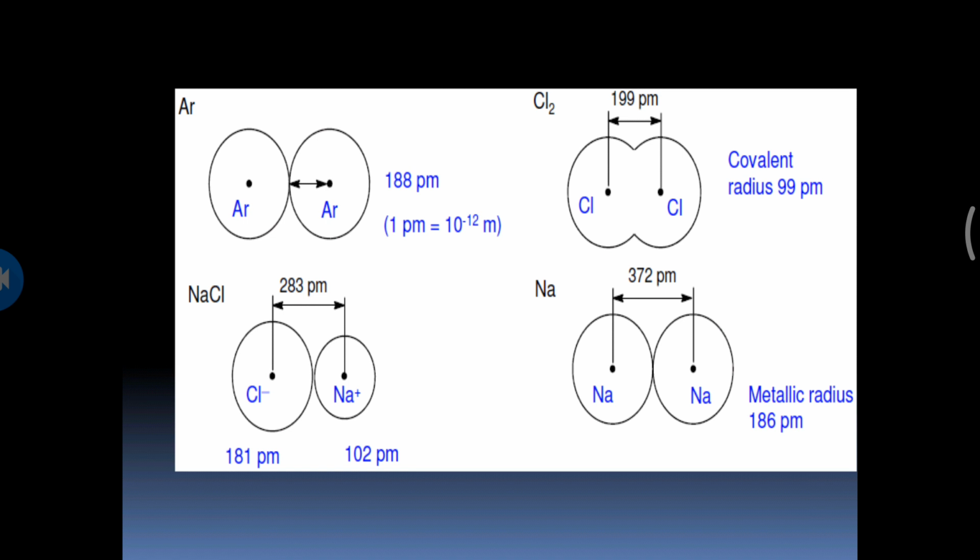Second is sodium chloride, an ionic salt, which is an ionic type of radius. Then chlorine is present in the covalent radius: the distance between one chlorine nucleus and another chlorine nucleus is called the covalent radius. Similarly in sodium metal, the distance from one sodium ion nucleus to another is the metallic radius.